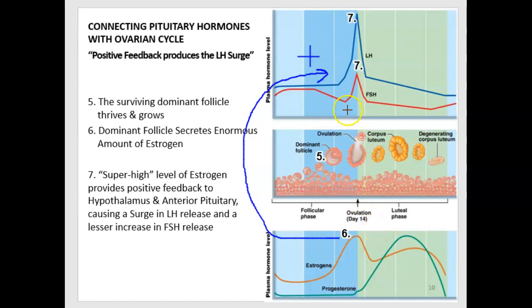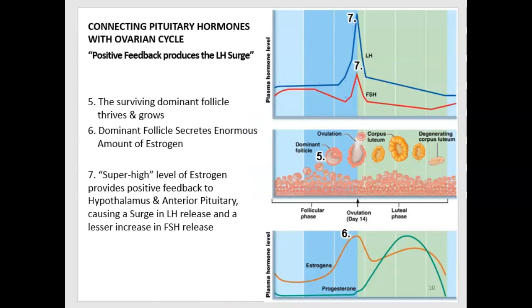What that means is, instead of negative feedback and decreasing FSH, the positive feedback causes a spike in FSH as well as what we refer to as a surge in LH release or production. We just call it the LH surge. So we get a surge in LH and an increase in FSH. It's really the LH that makes the biggest difference.